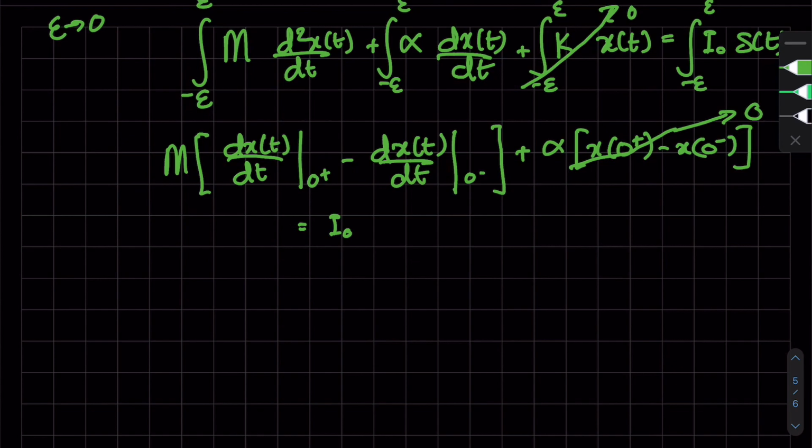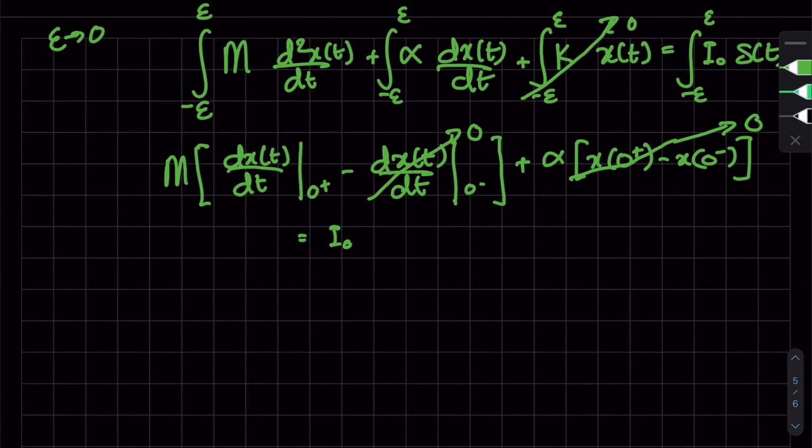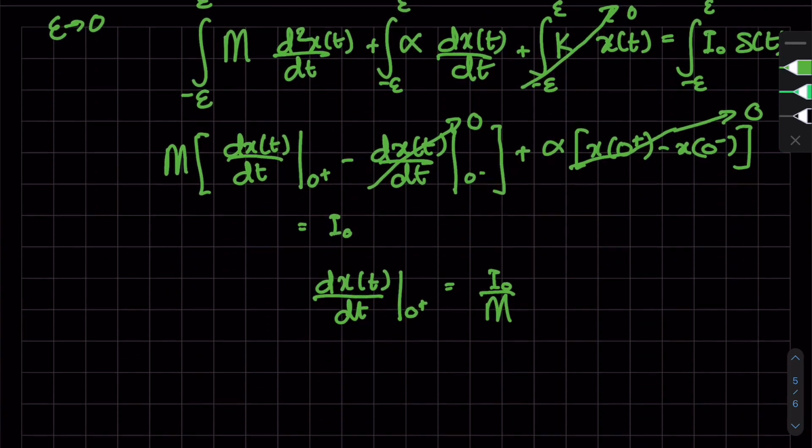Now this difference of first derivatives won't really cancel out. Well, we know what the first derivative at 0 minus is, by causality, it is 0. So that has to guarantee that the first derivative at t equals 0 plus is going to be I naught divided by m, and that's where we got that condition on top.